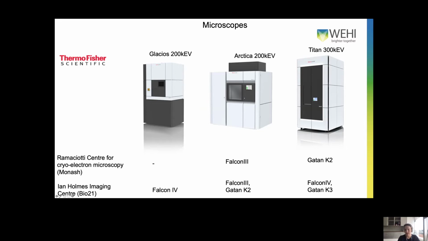The higher the power of the microscope, usually the better resolution you expect. However, both Arctica and Glacios are also capable of producing very high resolution images, up to 2 angstroms. They also have different cameras on them, and I will talk about cameras a little bit later.